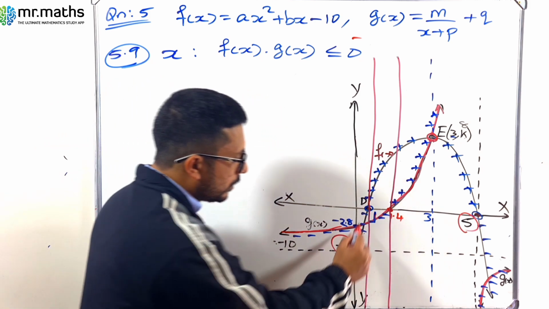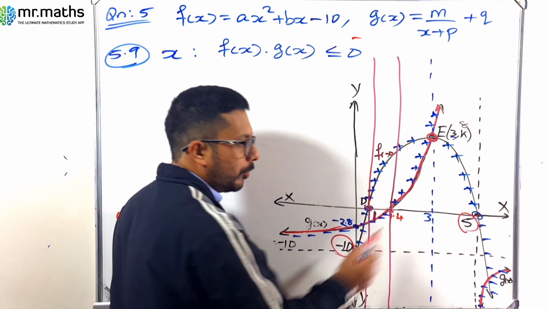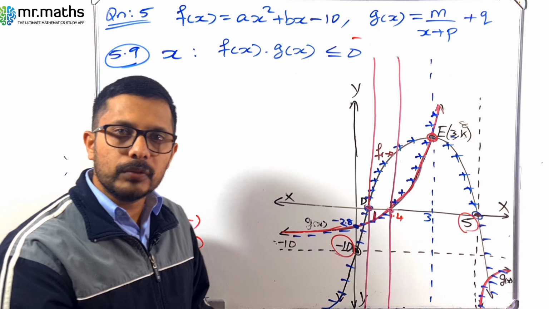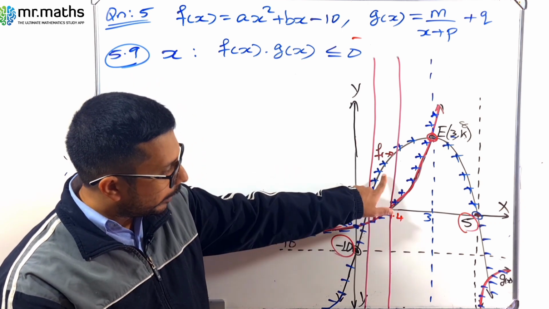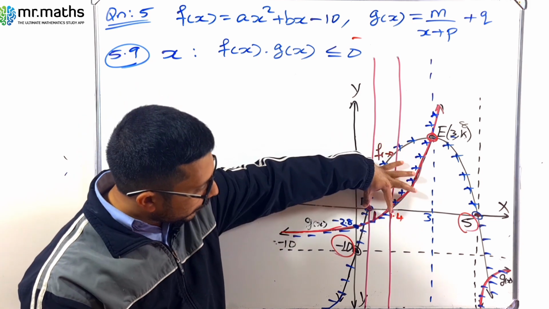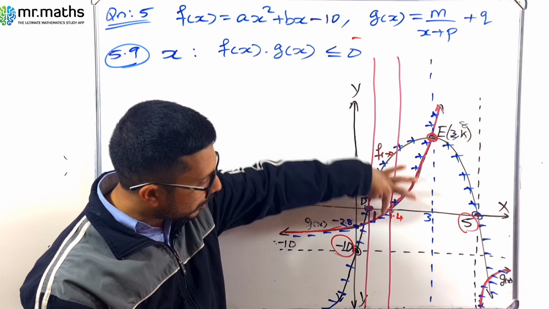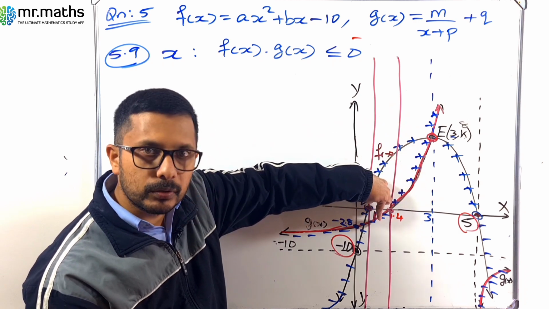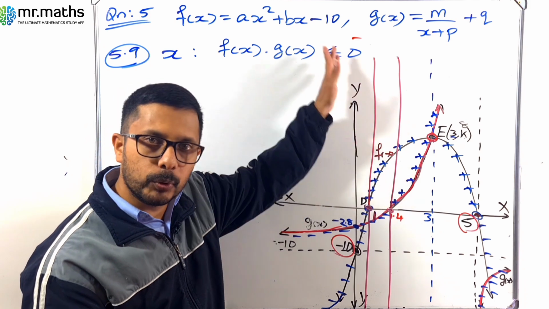This point is 1 and this point is 1.4. Look at that, between 1 and 1.4, one graph is negative and the other graph is positive. Can you see that? So between this x value 1 and 1.4, one is below x-axis and the other graph is above x-axis.